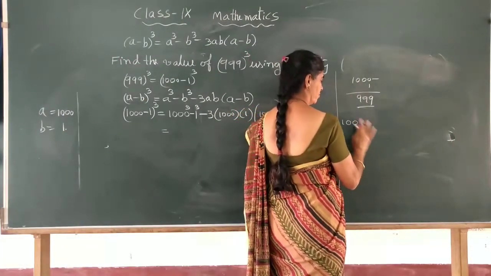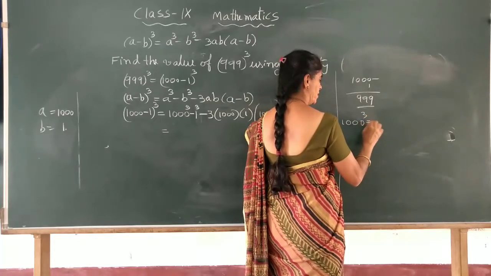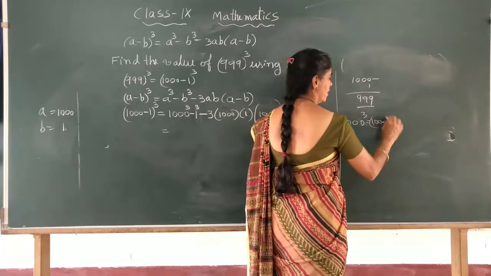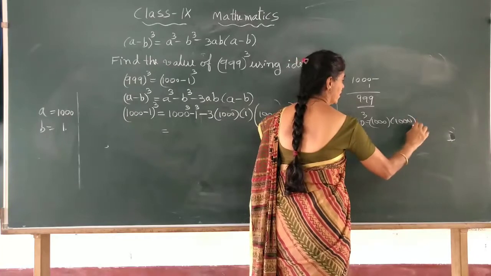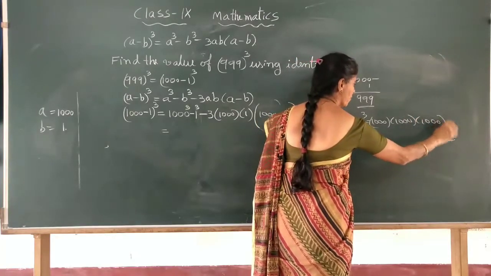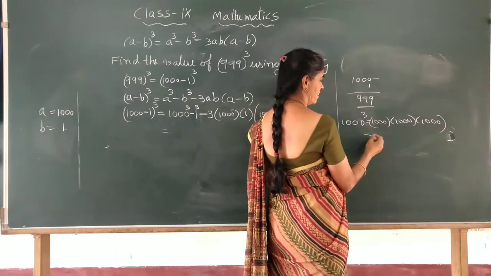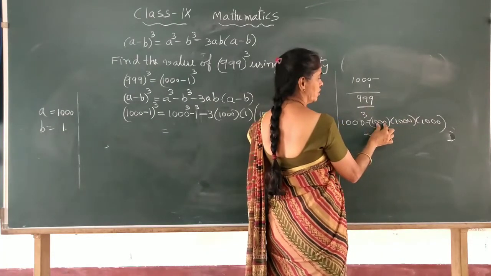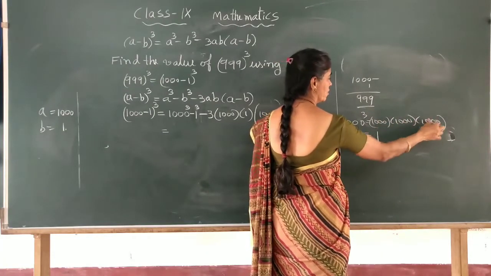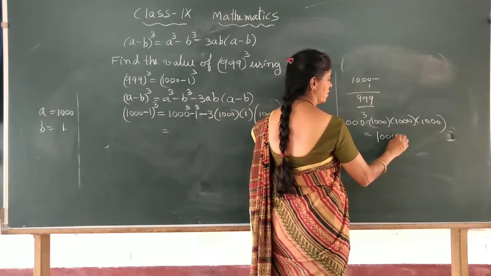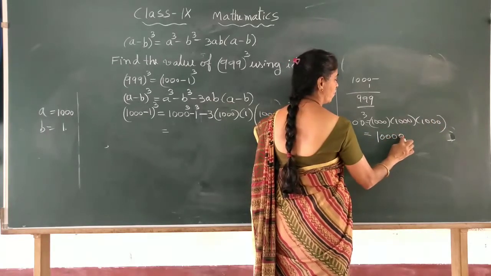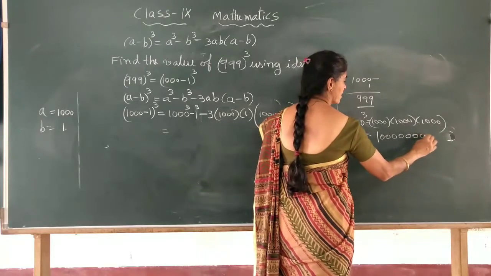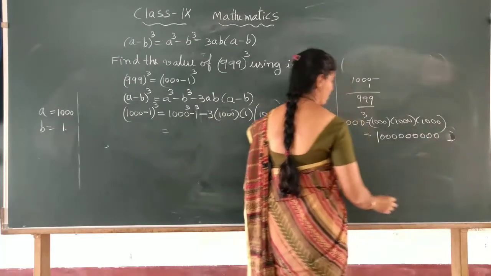1000 cube is 1000 into 1000 into 1000. 3 times we have to multiply. I said very simple, 1 into 1 into 1, all answer is 1. Here 3 zeros, here 3 zeros, here 3 zeros. Totally how many zeros? 9 zeros. 1, 2, 3, 4, 5, 6, 7, 8, 9.